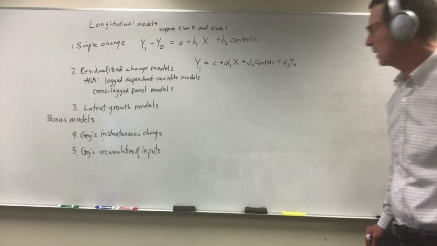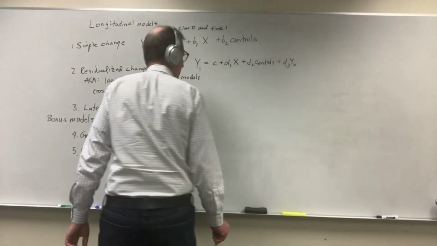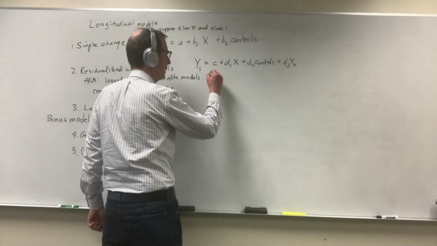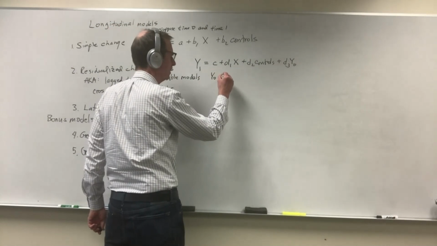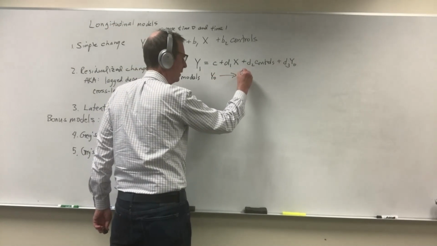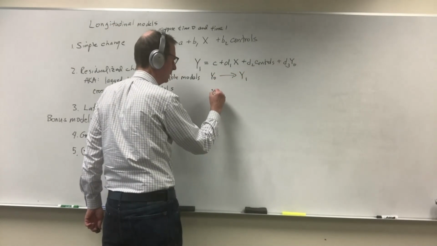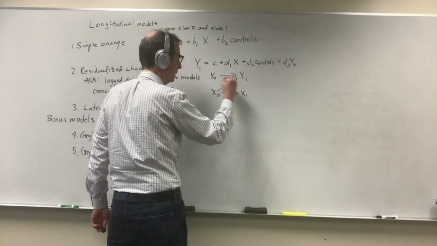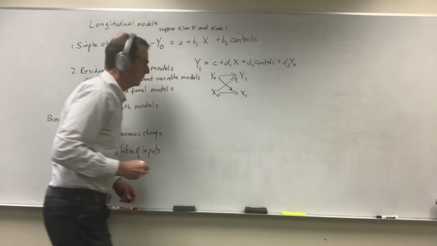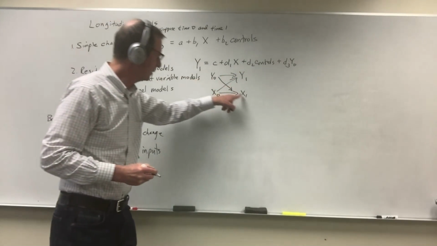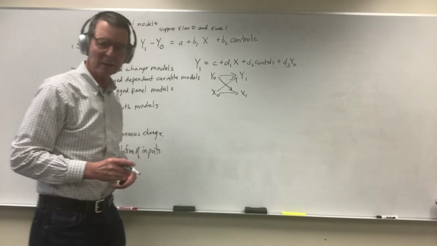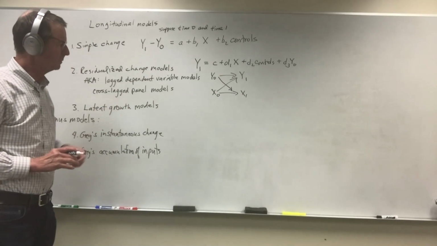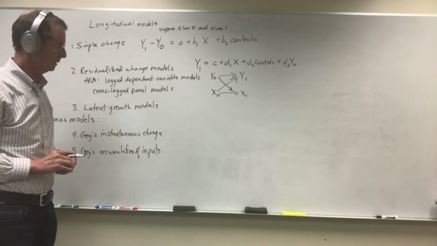Now, cross-lag panel models tend to look like y0 affecting y1, x0 affecting x1, and then we have these cross paths where y0 is affecting x1 and x0 is affecting y1. This could be a SEM model.